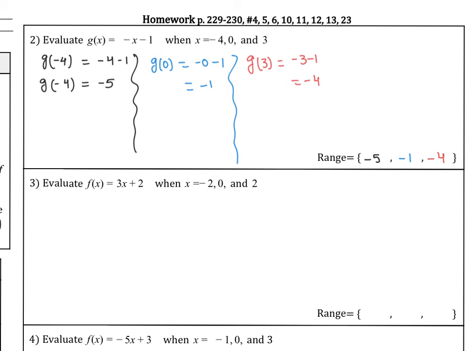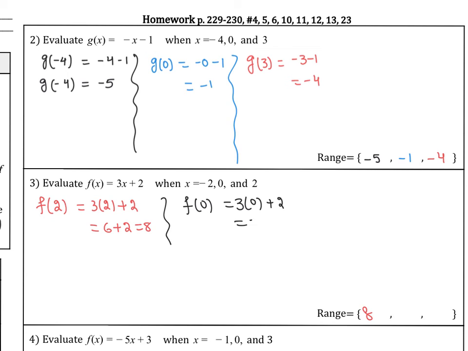For question number 3, we're going to find f(2). That's 3 times 2 plus 2, so 6 + 2 is 8. Next, f(0): 3 times 0 plus 2, and that's 2.